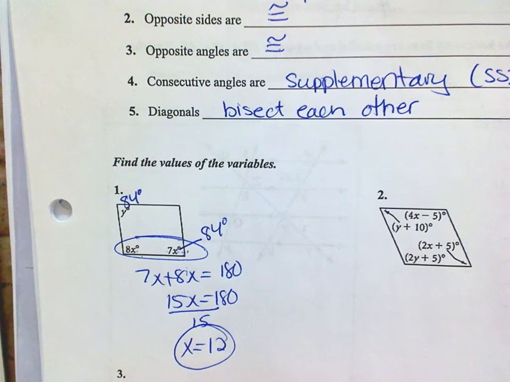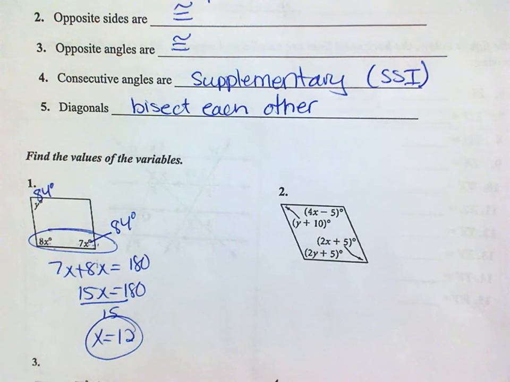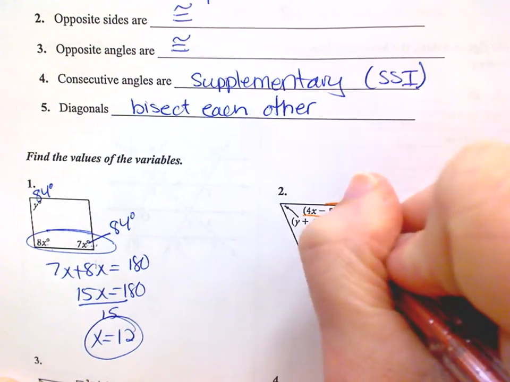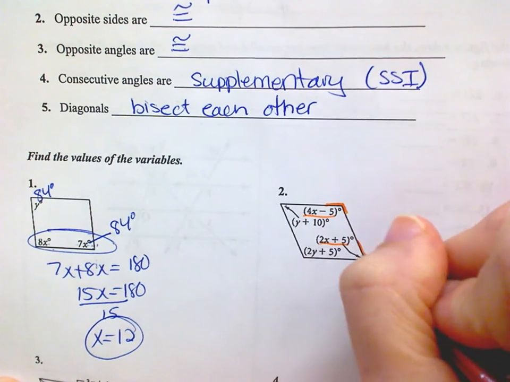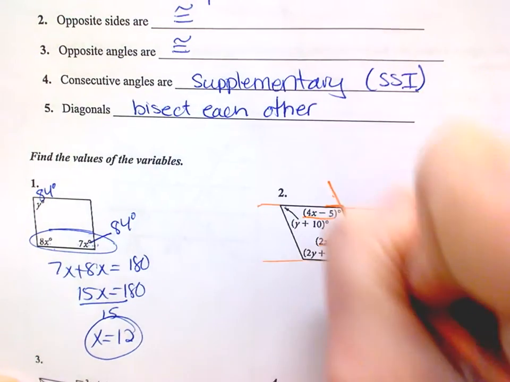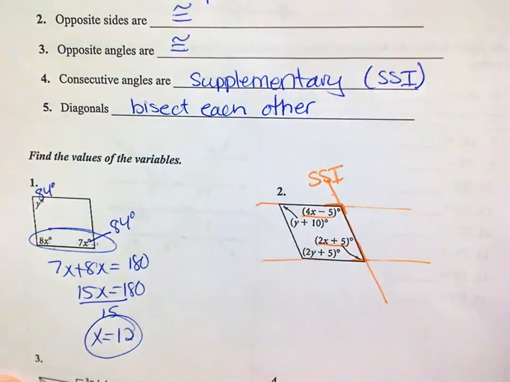Let's see, number 2. Number 2 is going to have the same ideas here. You have angles, and you could either go consecutively, and then eventually we're going to have to maybe do diagonals. Either way. Let's see here. This 4x minus 5, and this 2x plus 5, again, these are parallel lines, and here's your transversal, so these ones are same side interior angles.